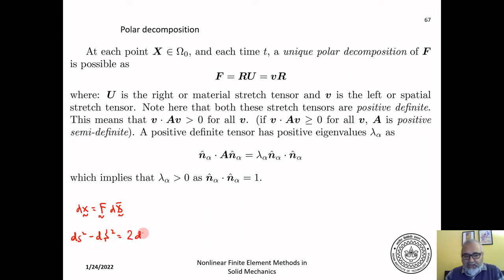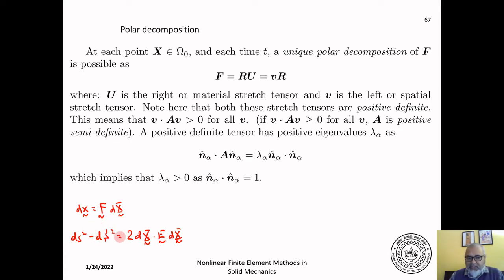So the Green-Lagrange strain tensor does this. It takes the length of a line segment in the reference configuration and gives you the change in squared length of the line segment between the reference configuration and the current configuration.